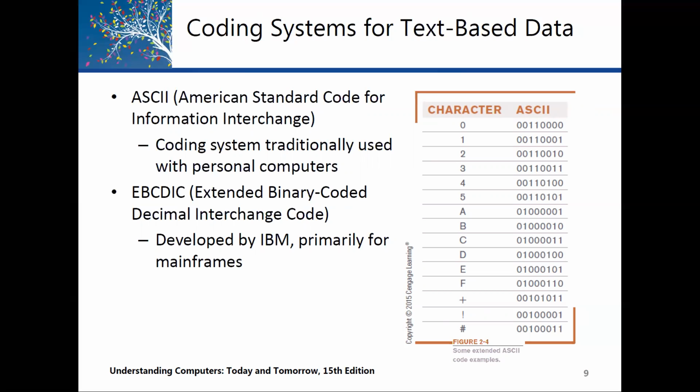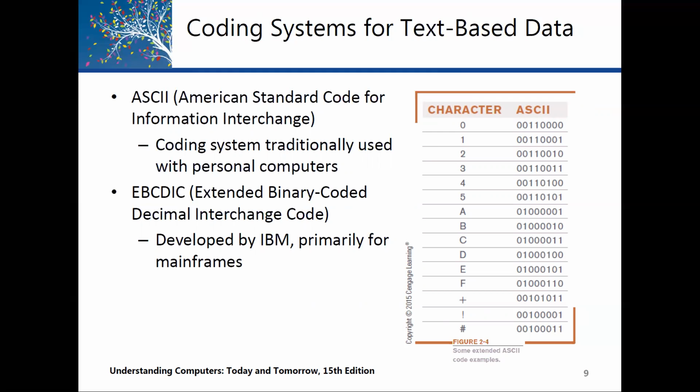Then 128 total characters are not enough to represent all the symbols that we use, right? So this need was identified by IBM again, and we had the extended ASCII code. Extended ASCII code had one extra bit, so it was 8 bits. 8 bits means 2 raised to the power of 8 characters or symbols can be represented using extended ASCII codes.